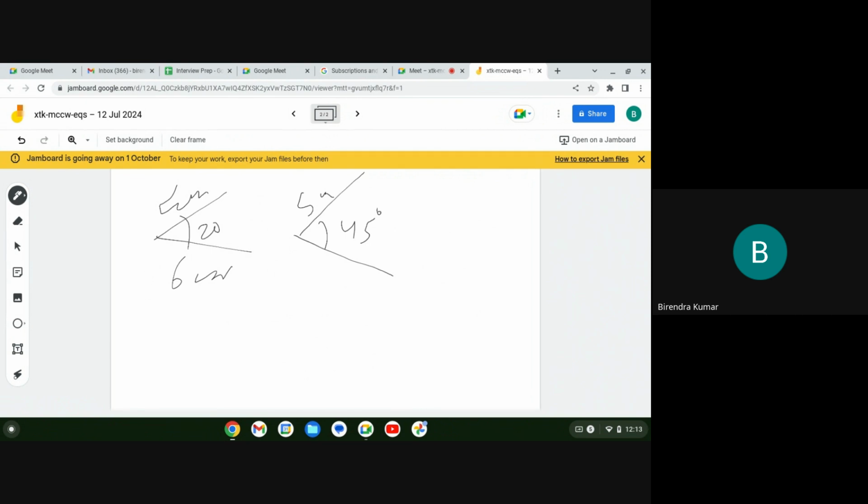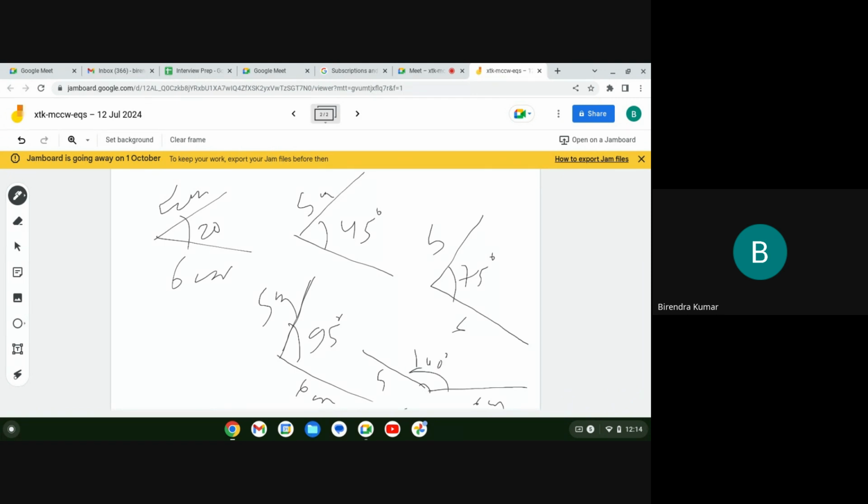Next, 5 centimeter, 6 centimeter, but the angle is 95 degrees. Now the same 5 centimeter, 6 centimeter, and the angle is 75 degrees. Then 5 centimeter, 6 centimeter, and the angle is 140 degrees. Now what do we see here?